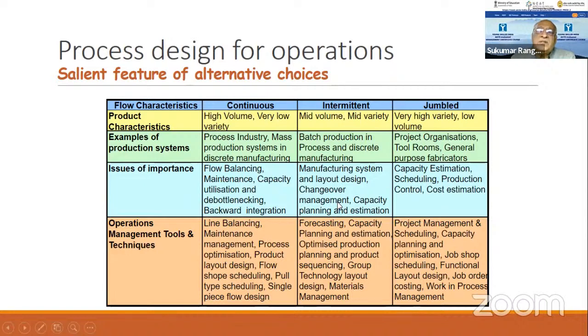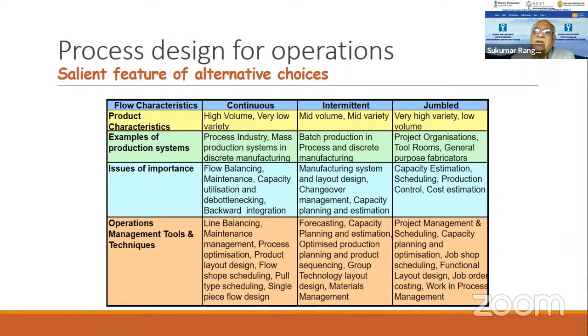What do you do with the next material or the byproduct and all that? In intermittent flow, manufacturing system and layout design and changeover management are very important, because constantly the line requirements keep changing, and capacity planning and estimation is difficult. In jumbled flow, capacity estimation is most difficult, because sometimes it may take very long, depending upon the number of processes that need to take place.